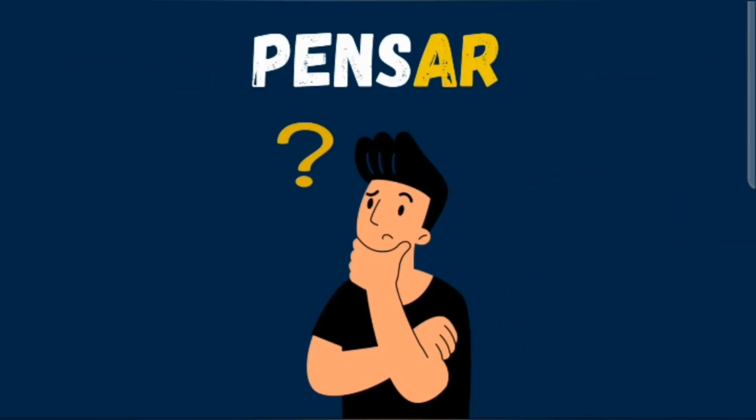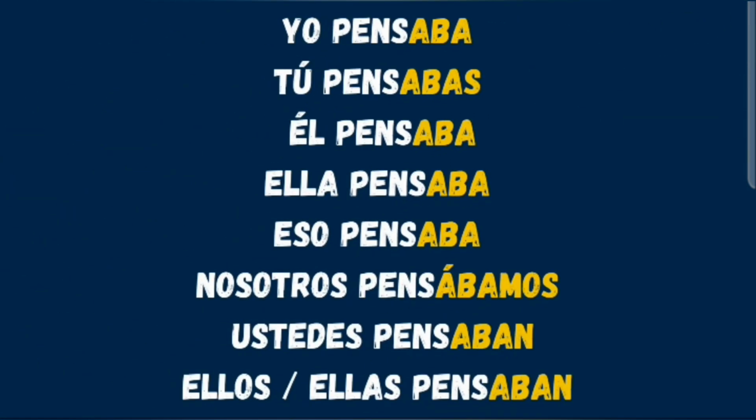Now I have this verb to think, okay? To think in Spanish is pensar. And this is the way you have to conjugate it in the imperfect past.